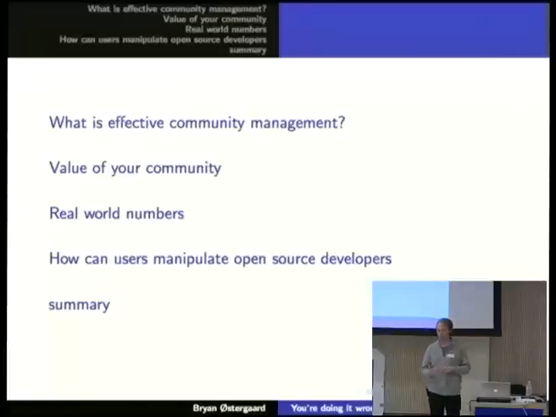I want people to join the communities, get as much from the projects as they can, and I even want plain users that don't contribute to the projects to know how to approach projects when they have problems, they have bugs, and so on, because many of the same techniques can be used from all three sides of this equation. And then I'm going to talk about what you are actually getting from the community.